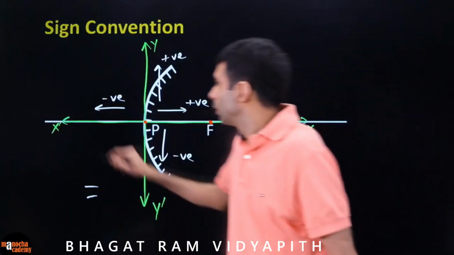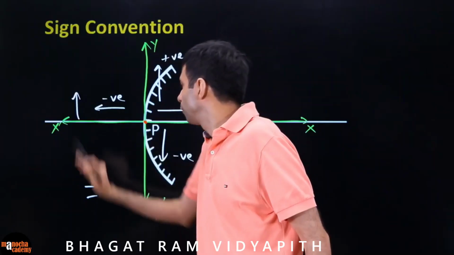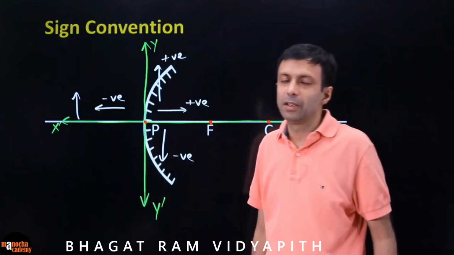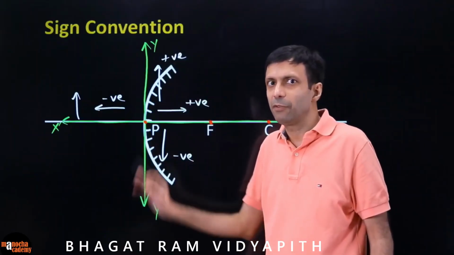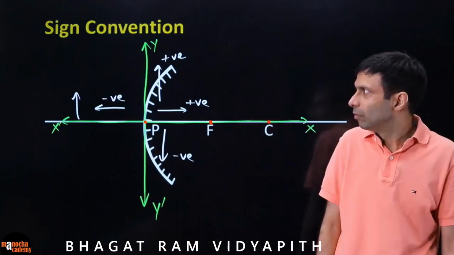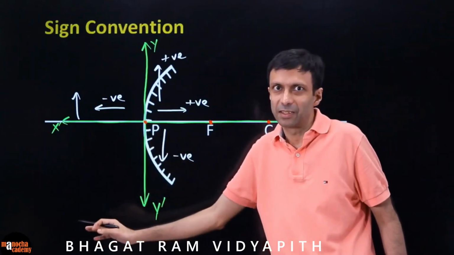So for example, if an object is kept here at, let's say, a distance of 5 centimeters, what will be the measurement? Will we write +5 or -5 if an object is kept over here? Very good, -5, because you can see it's on the negative x-axis.